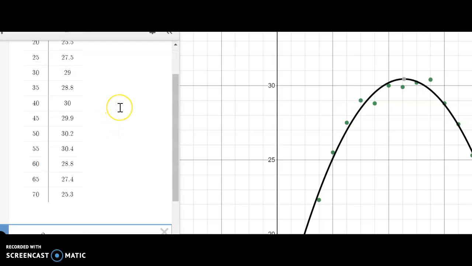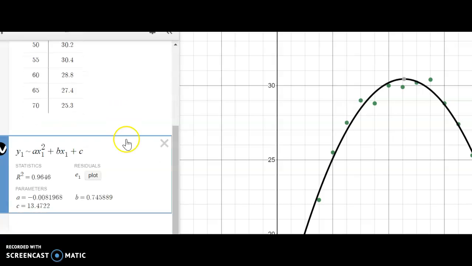Right? There's sense in the fact that these two variables would be related. And so, part C for our worksheet asks us to write the equation that we get from our calculator. That is where we are using these numbers, A, B, and C, to come up with our equation as well.